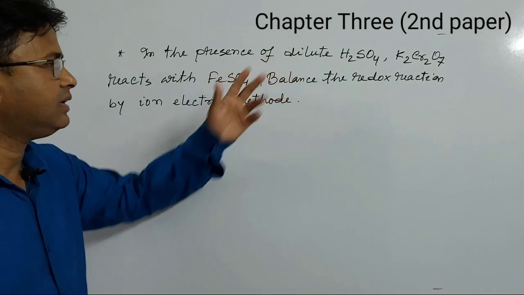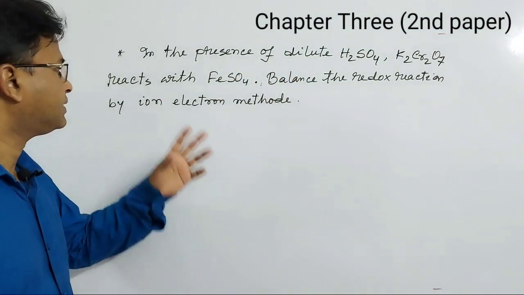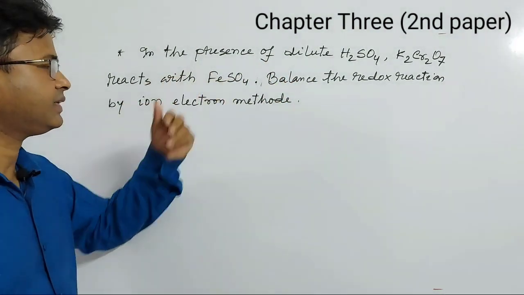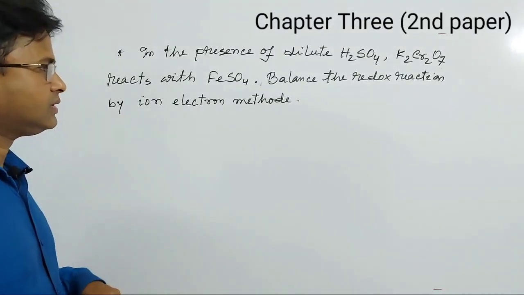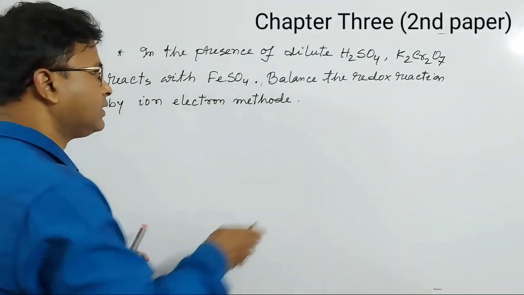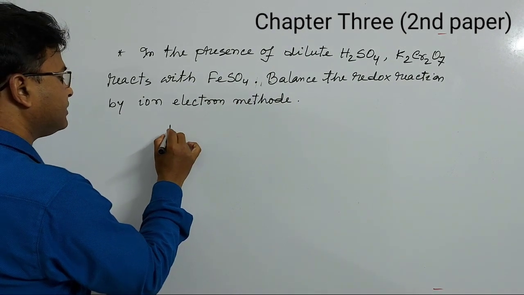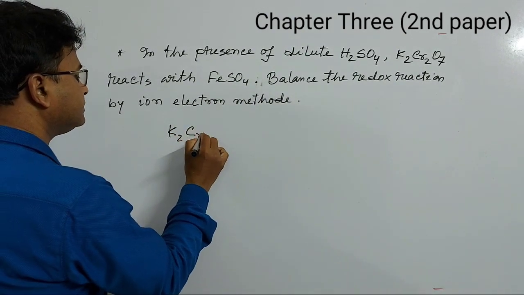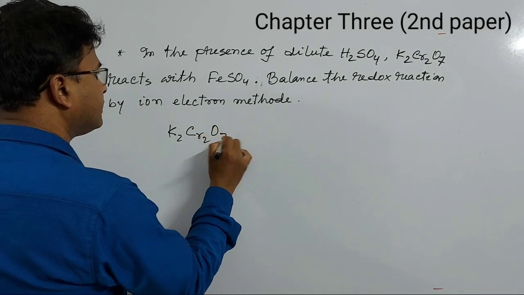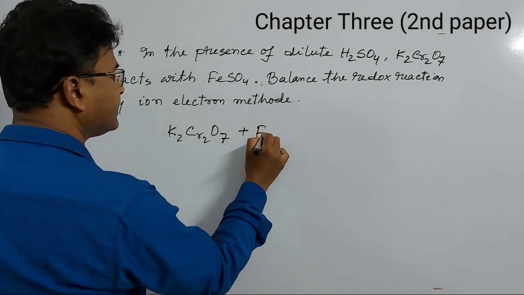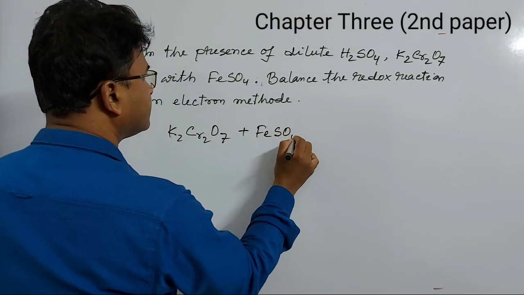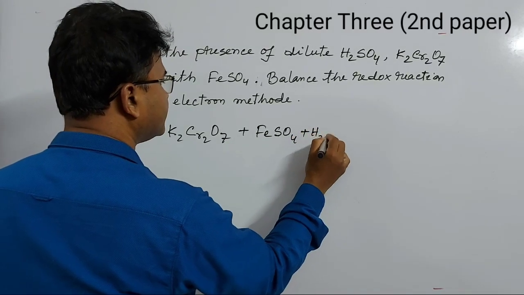In the presence of dilute sulfuric acid, potassium dichromate reacts with ferrous sulfate. Students, now I can write the reaction according to the question. Potassium dichromate plus ferrous sulfate plus sulfuric acid.